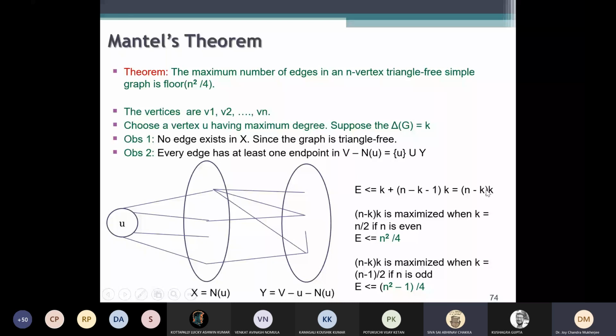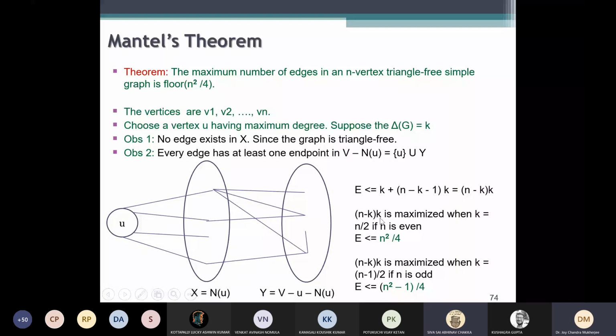Now n minus K into K is maximized. Our objective is to find the maximum number of edges. So when will n minus K into K be maximized? When K equals n by 2, if n is even, which we can find out from our calculus course.